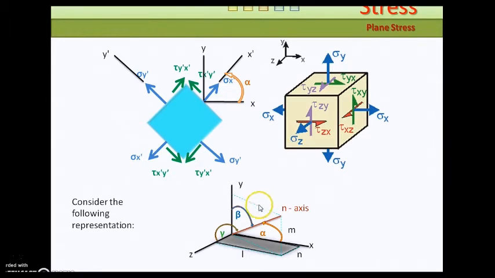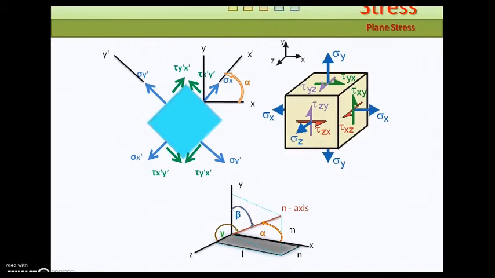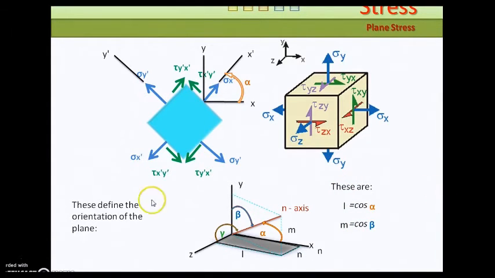And the angles beta and gamma are the angles made between the normal axis and the y-axis, and the normal axis and the z-axis, respectively. The direction cosine expressions themselves are formed here and define plane orientation.